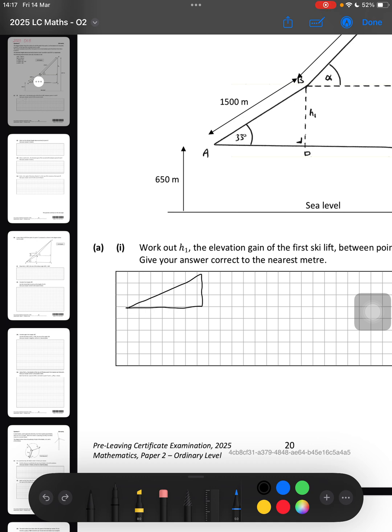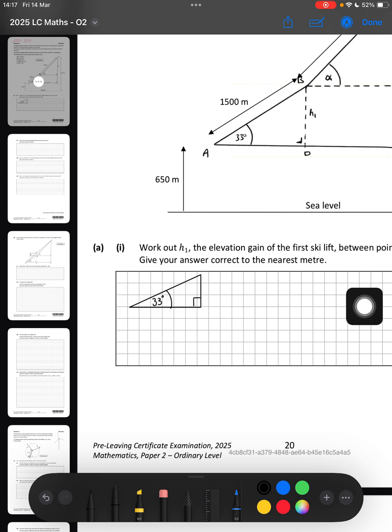Doesn't have to be 90 degrees in my sketch, but I just want it to be 90 degrees in mine so that you can see. So I have 90 degrees here, I have 33 degrees here. In a right angle triangle, I'm always looking at Pythagoras or SOHCAHTOA. As soon as they give me another angle, I'm expecting it to be SOHCAHTOA, to be honest.